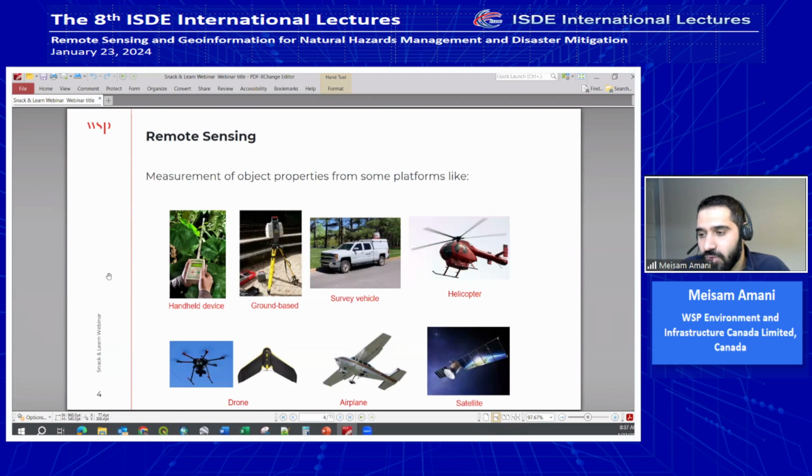And we will mostly focus on the satellite observation. Each of these remote sensing platforms has its own advantages and limitations. That's why at the beginning of any project, we should first discuss the advantage and limitation of each of these platforms and select the most optimum solution.